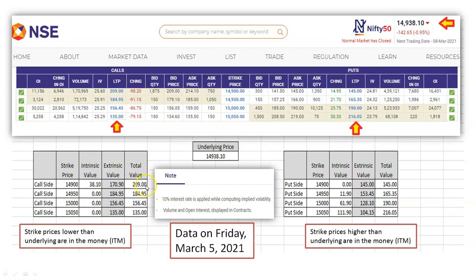As time decays, the price will also decay, because the risk will also decay, in the sense that here you have the elements built up for 6 days, then on Monday morning it will be another 4 days left. But if the underlying, 14,938, changes, then these prices can again change. So that is more or less the breakup of option prices or option premium.